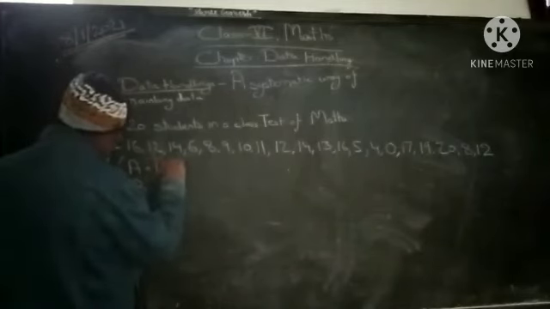If you score between 16 and 20, you are getting A grade. Between 11 and 15, you are getting B grade. 6 to 10, C grade, and 0 to 5 is D grade.